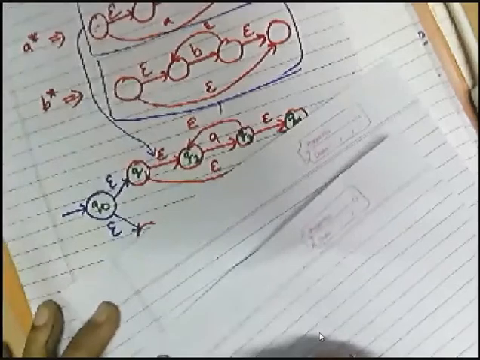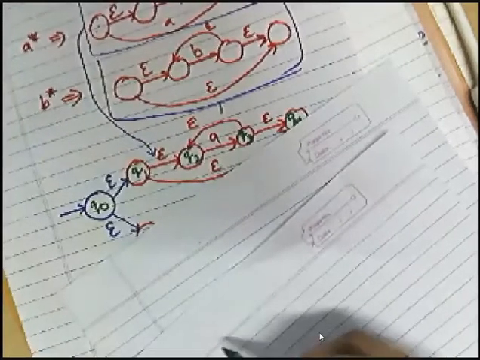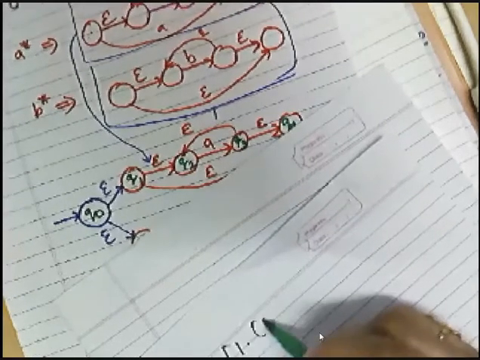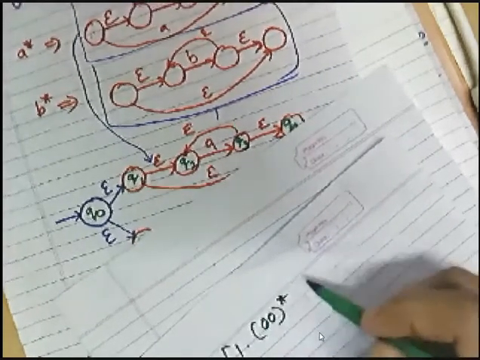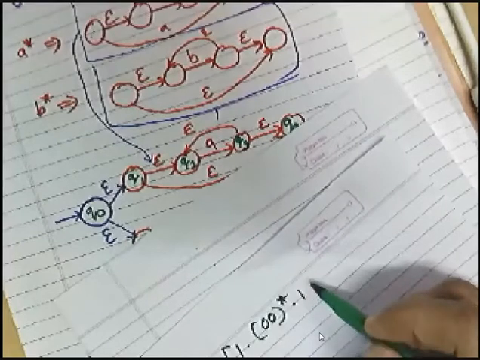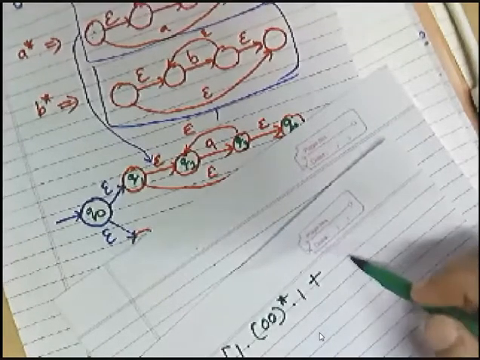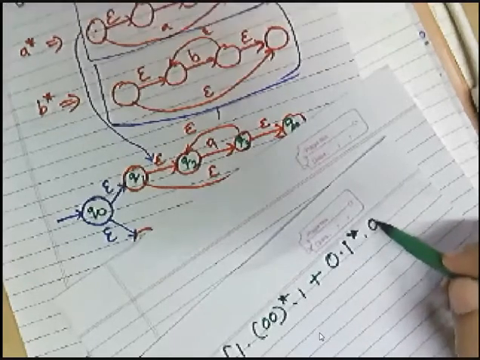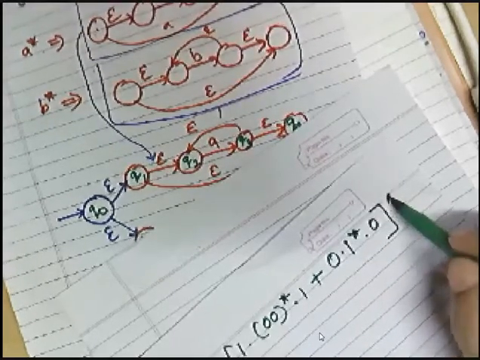It was the bigger problem I gave you. R is equal to, in brackets, 1 dot 0 0 star dot 1 plus 0 dot 1 star dot 0, whole star.